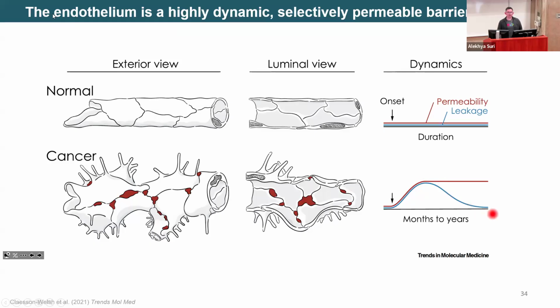But at some point, the leakage stops. There are a number of different reasons that explain why the leakage itself goes away over time. But the important thing is that the permeability of this barrier remains elevated because you have all of those gaps between the endothelial cells.